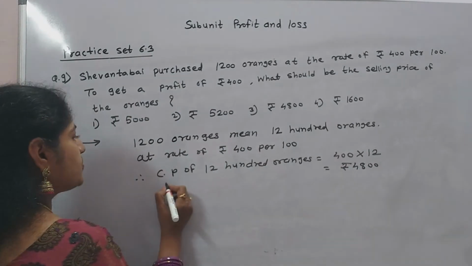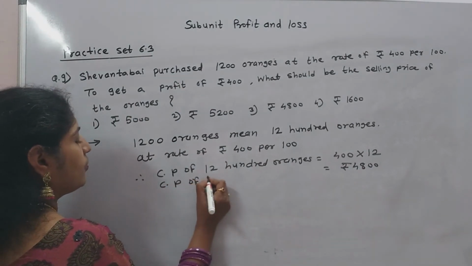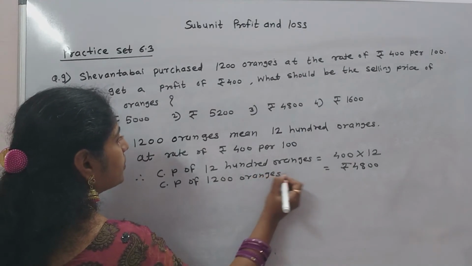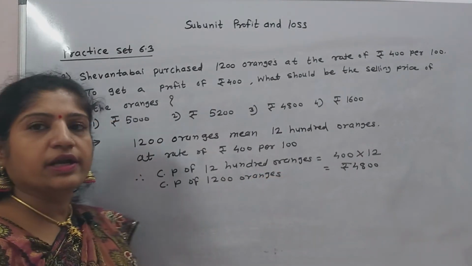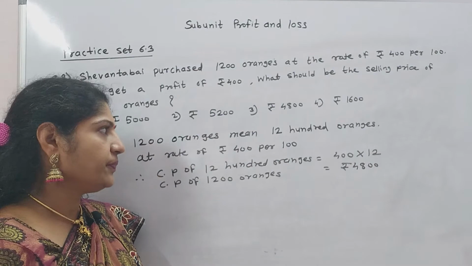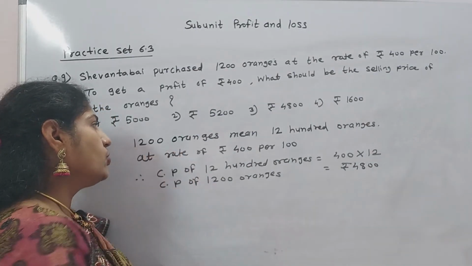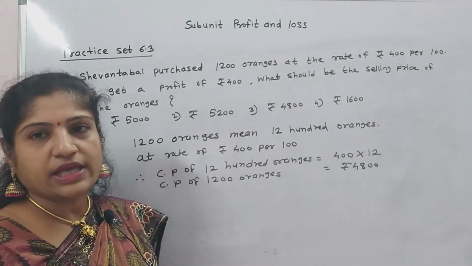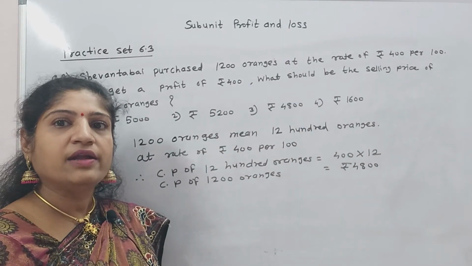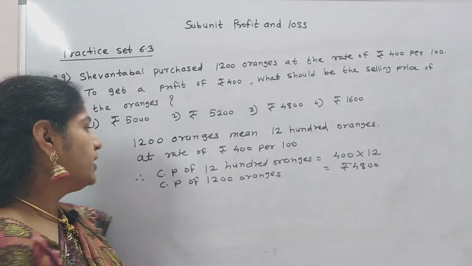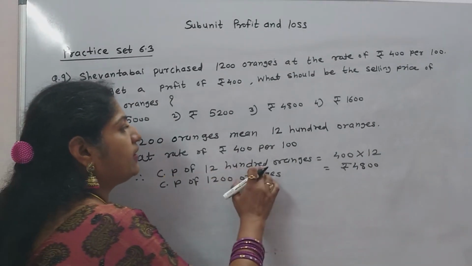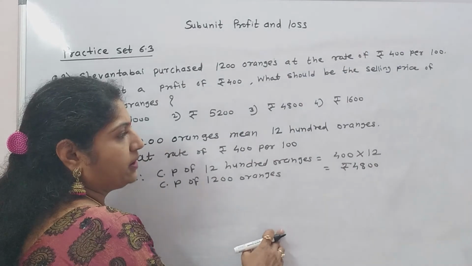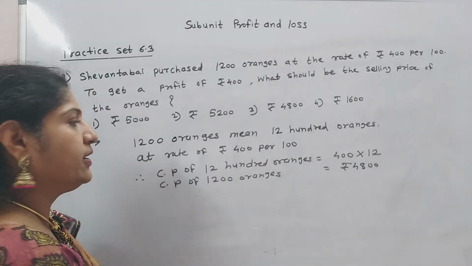That is cost price of 1200 oranges equal to rupees 4,800. 1200 oranges, and 100 oranges is at the rate of 400. So cost price of 1200 oranges equal to 12 into 400, that is 4,800.